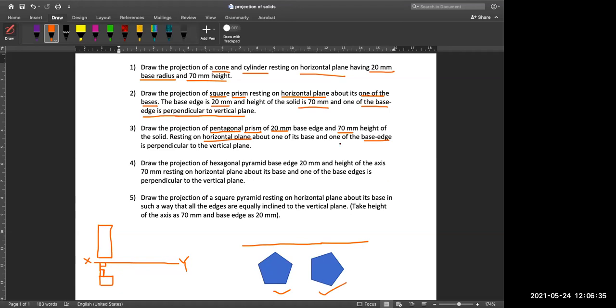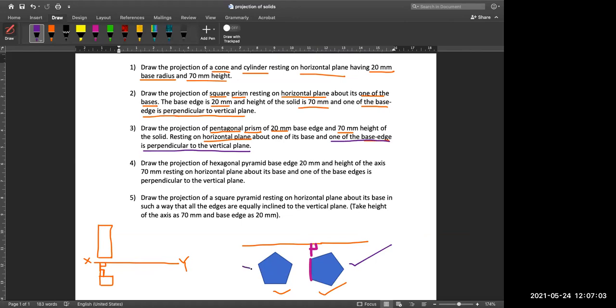That's why you can see the condition written here: one of the base edges is perpendicular to the vertical plane. Here you can see this edge is perpendicular to your vertical plane. So this will be the orientation that we will keep here.